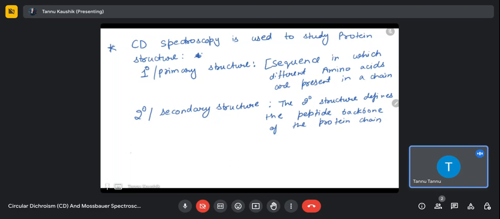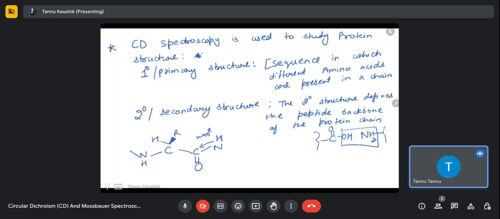That is, for example, if we have different amino acids bound to each other to form this peptide linkage, which is like this, the COOH terminal reacts with the amine terminal of other amino acid to form an amide bond.